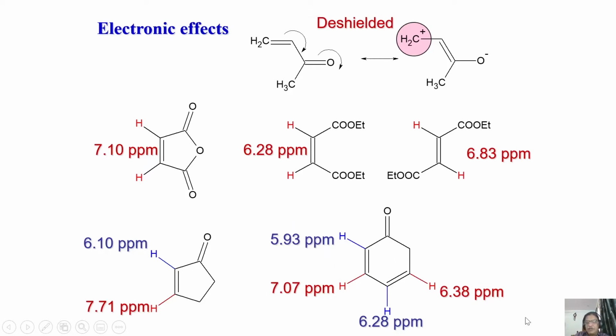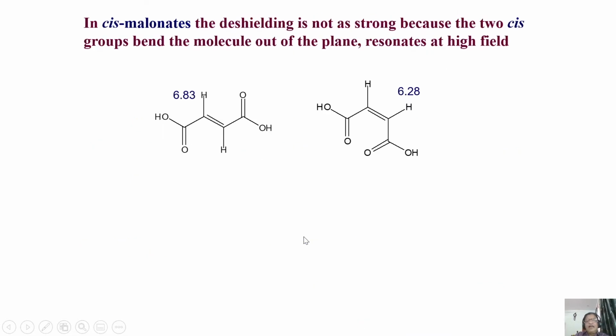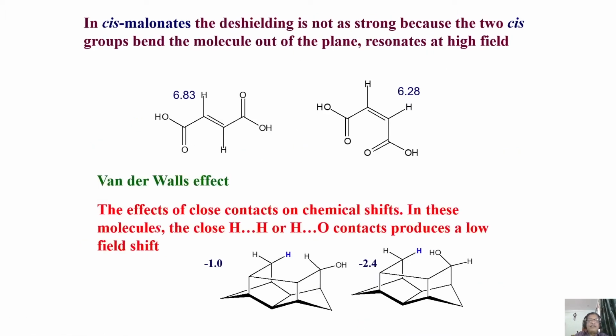These four protons are completely non-equivalent, and because of that, you can see just by substitution of C double bond to a group in this, all four protons change. This one is a little bit high field, whereas this comes a little bit out, especially these two, which are meta, are marked and more downfield compared to this one. So these are the electronic effects, and this is a classic example in cis malonates.